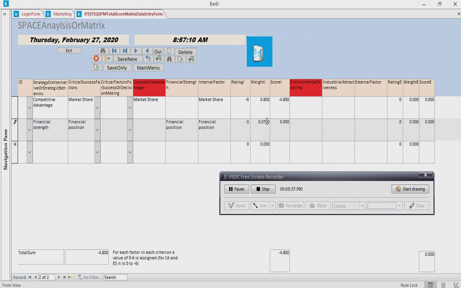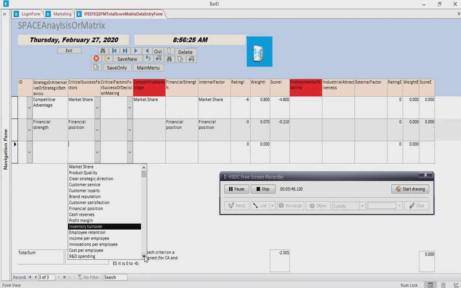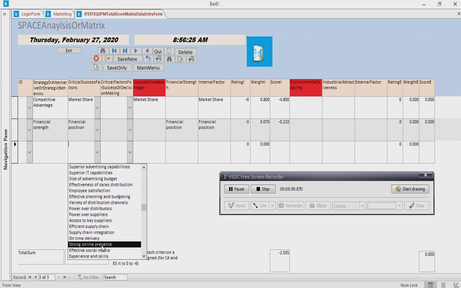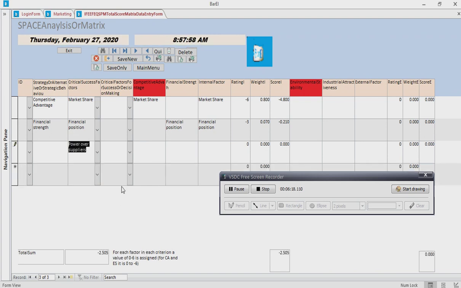Another one is power over suppliers. It falls under environmental stability.